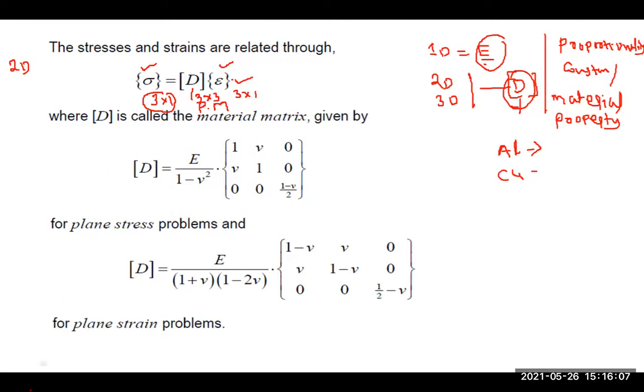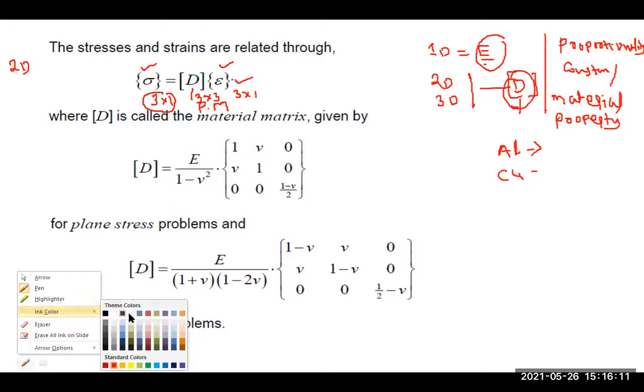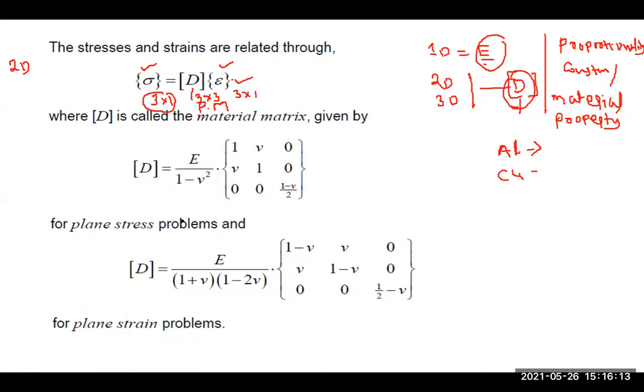Then only the equation is satisfied; otherwise it is very difficult to satisfy LHS with RHS. So the D matrix is always 3 by 3 in the case of two-dimensional problems.